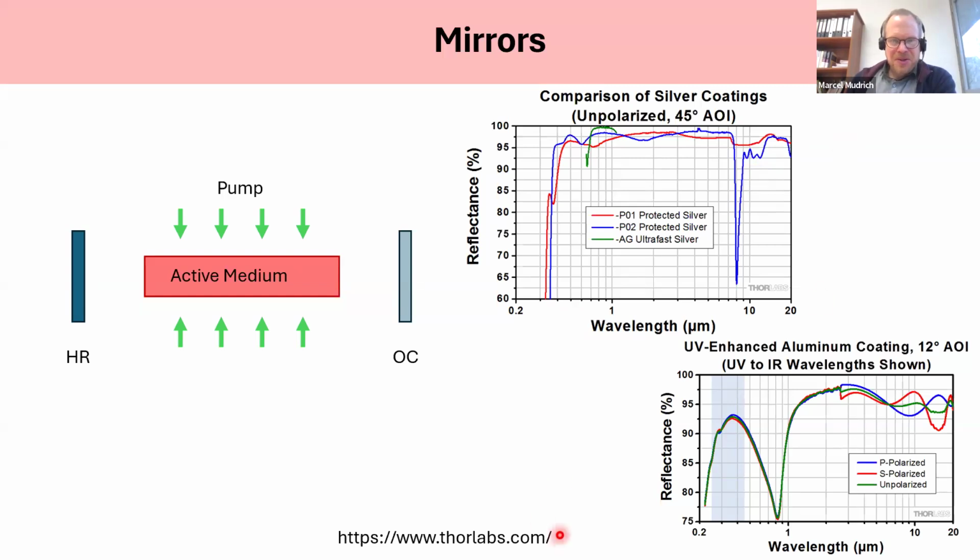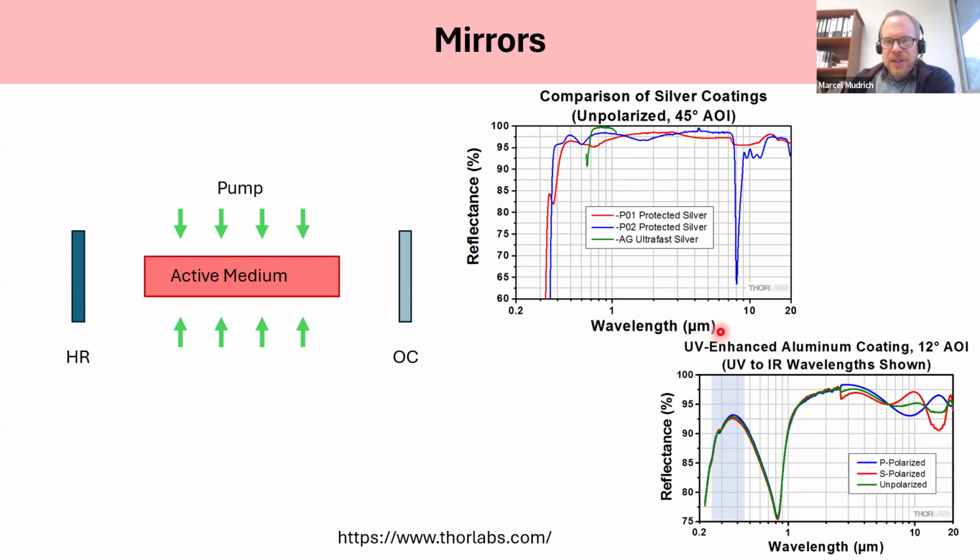The usual experimentalist's approach would be to check out the web page of a typical supplier of optic components, which is Thorlabs. Maybe some of you are familiar with the Thorlabs company. Very useful because it also provides a lot of data about the different components. For example, protected silver mirrors, or there's even an aluminum mirror here, which is UV enhanced.